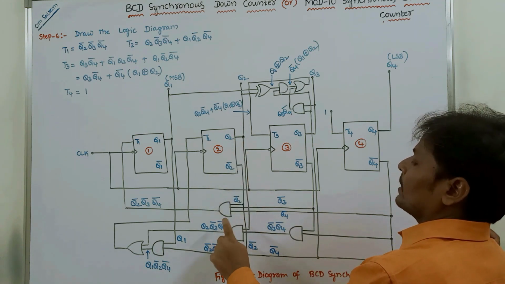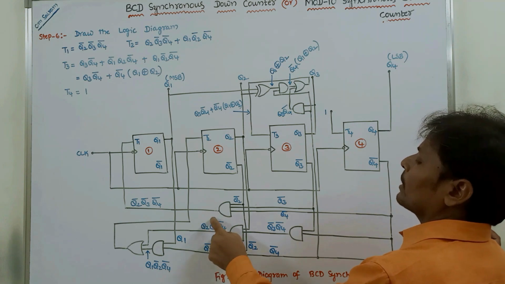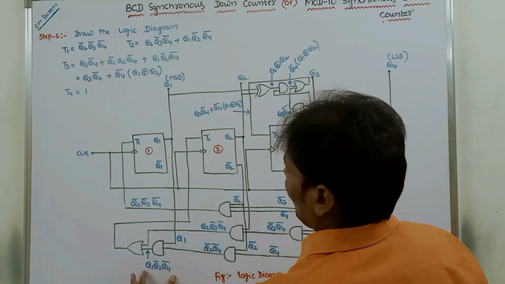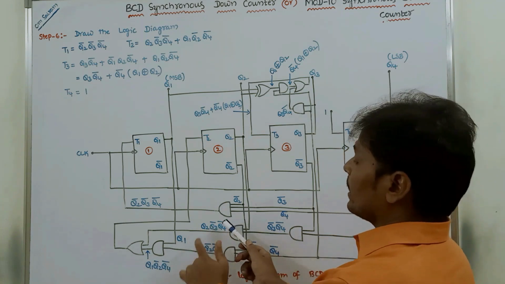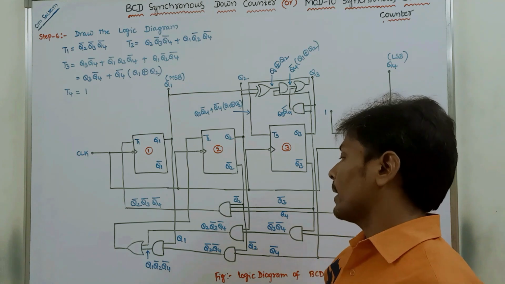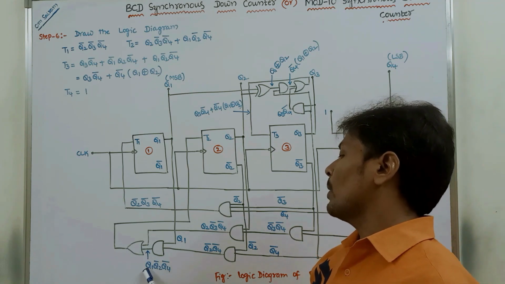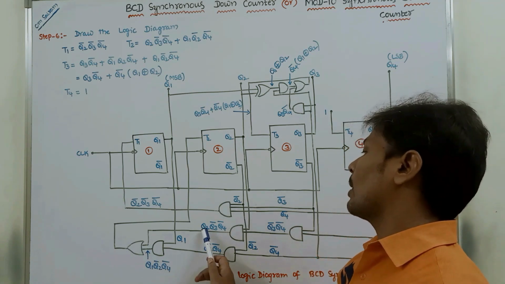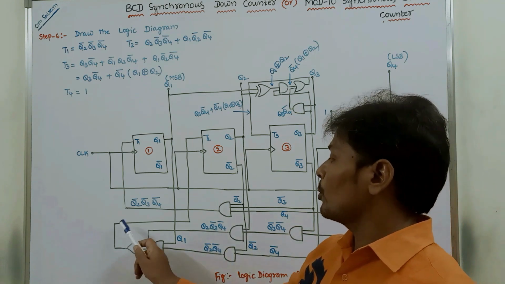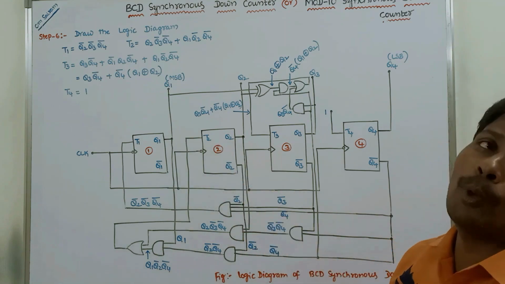The output of this AND gate is Q2 into Q3 bar into Q4 bar. Here this is one output and this is another output. These two outputs can be sent to a two input OR gate. Then the output is Q1 into Q2 bar into Q4 bar plus Q2 into Q3 bar into Q4 bar. That output can be sent to the T2 input.